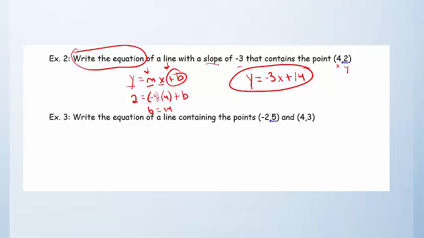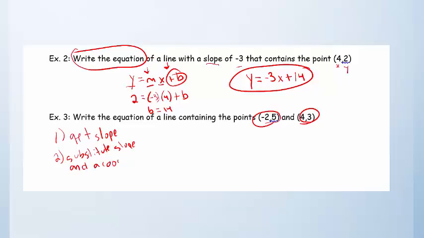Example number 3, this time says only 2 points. So your first step is to get your slope. Then we're going to substitute our slope and a coordinate into y equals mx plus b.